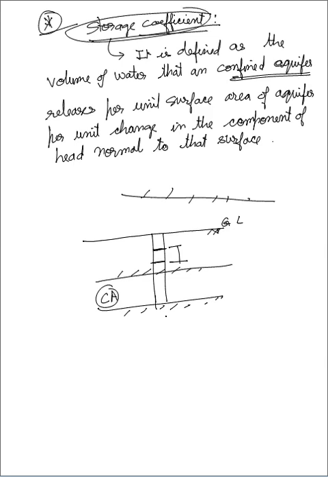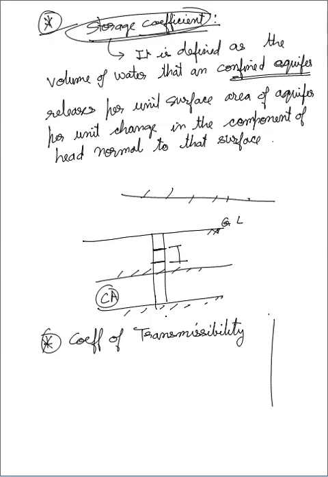coefficient. And another coefficient, that is coefficient of transmissibility. This is also very important. Now see what is the difference here. Here we will be taking a column.